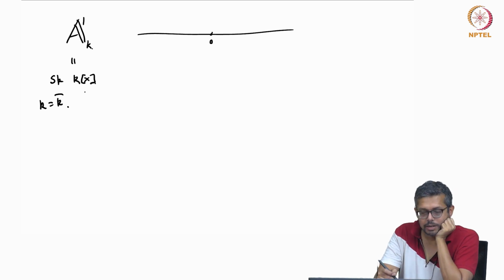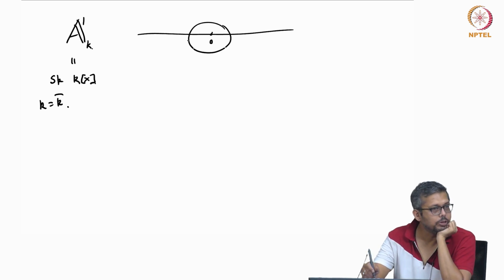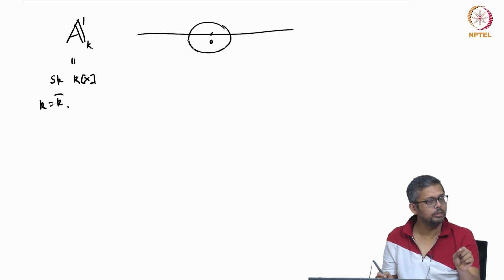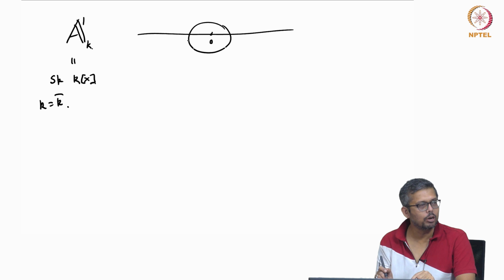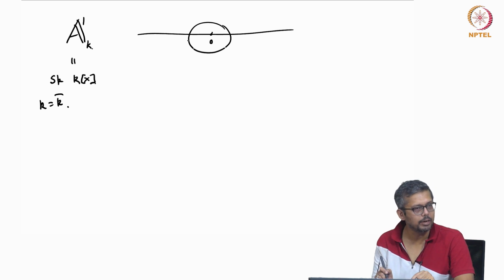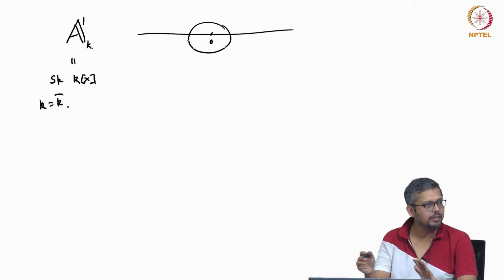So what are the maximals? What are the prime ideals here? They correspond to maximal ideals and also the zero ideal, which is not the point 0. The point 0 also corresponds to a maximal ideal, x minus 0, not that one. But there is a zero ideal. That's the fat point.